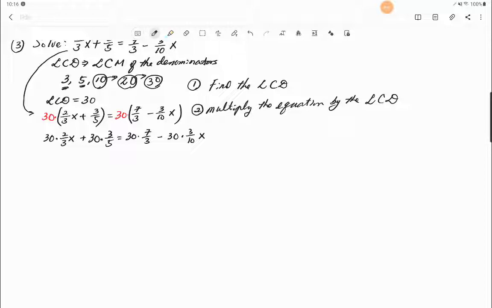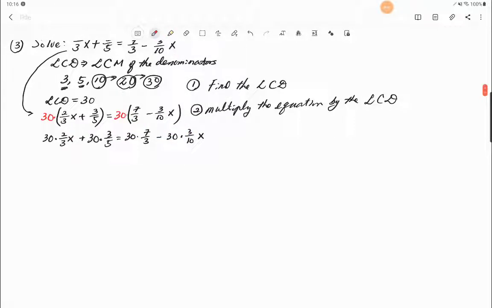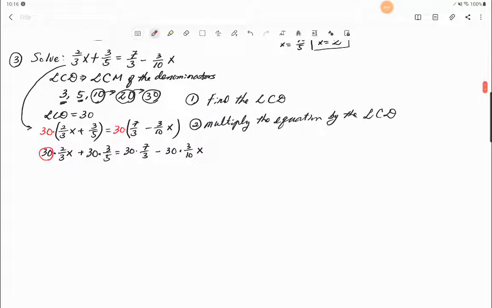Can you see this part? 2 over 3x: I multiply the first term by 30 and the second term by 30. Also on the right-hand side, 7/3 by 30 and also negative 3 over 10x is multiplied by 30.